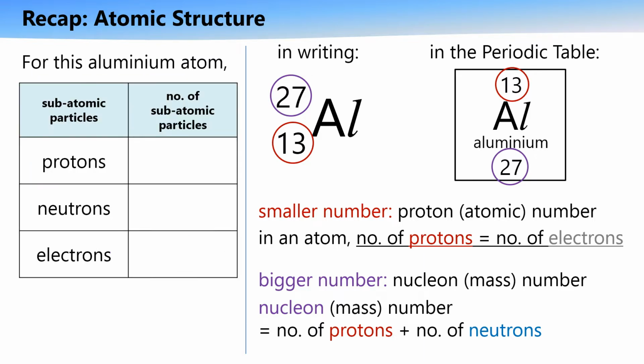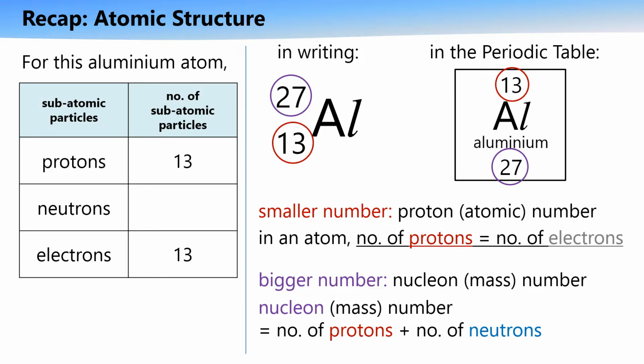So, for this atom, how many protons, neutrons, and electrons are there? The easiest one would be the number of protons. We just look at the smaller number. In this case, there are 13 protons. And since it is an atom, it will also have 13 electrons because the number of protons is equal to the number of electrons.